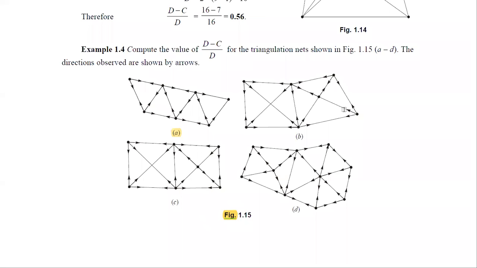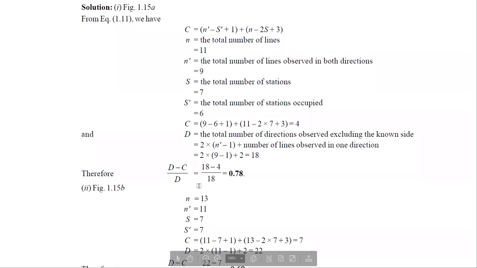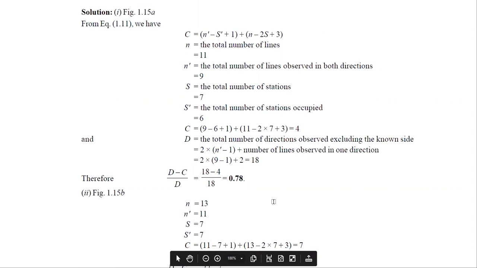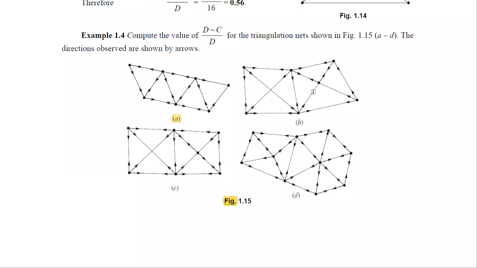Only these two. So the remaining 11 have been observed in both directions. So n dash will be 11 and n will be 13. Now it's quite clear that n will be 13 and n dash will be 11, because out of 13 lines, only 2 lines, that is this line and this line, have been observed in only one direction. The rest have been observed in both directions.